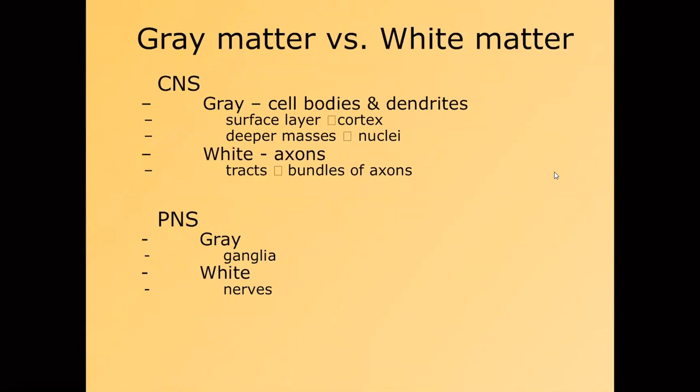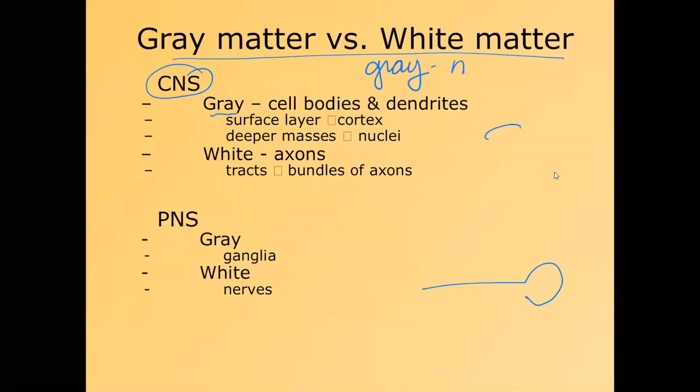Okay, so the first thing that I want to make sure you're okay with, and this was in the last chapter, was gray matter versus white matter. In the central nervous system, gray doesn't have myelin on it. If we draw an axon, in anything, gray doesn't have myelin on it. So if something is gray, there's no myelin.